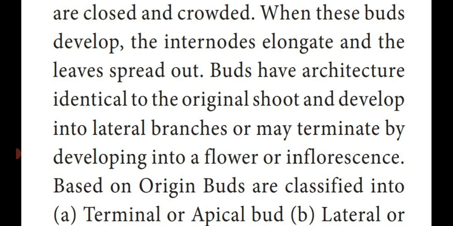So whatever may be, the bud which is present in the shoot, covered with scaly leaves, possesses a compressed form of the main axis, nodes and internodal region. Once it shows growth, the internodal region elongates and spreads out the leaves outside. Not only that, afterwards these buds produce the flowers or inflorescence with lateral branches.